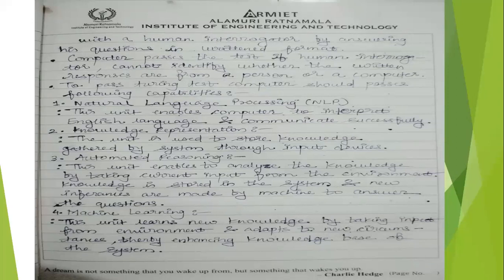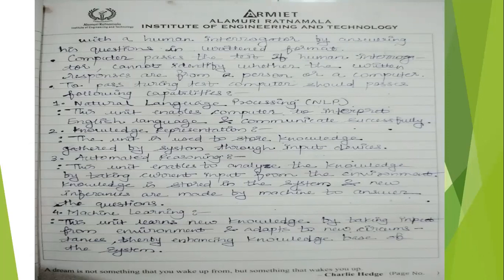Means the computer is successful in the Turing test. If the human being who is asking questions cannot identify whether this is a person or a computer, means the human interrogator thinks that he is talking with another human being, the computer has passed the Turing test.